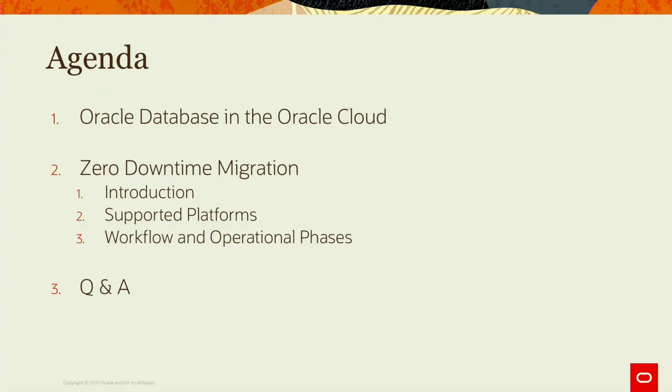Then I'm going to talk about zero downtime migration: an introduction, supported platforms, a workflow of how the product works, and then a deep dive in prerequisites, requirements on the source database, requirements on the target database, requirements on the actual server where you're going to be running the zero downtime migration tool, and then a small demo. And then we're going to drill on the operational phases that take place during the migration process.